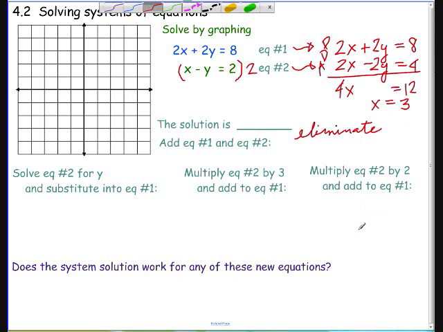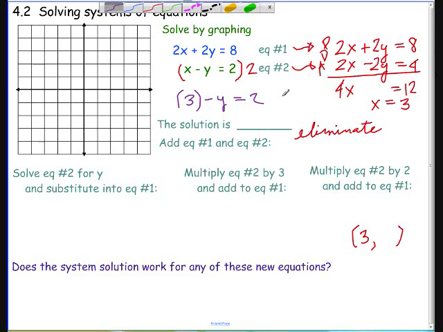Now I've got my 3, but my solution needs to have a y as well. So what am I going to do for that? I'm going to come back in over here, put my x into equation 2, 3 minus y equals 2, and solve that.